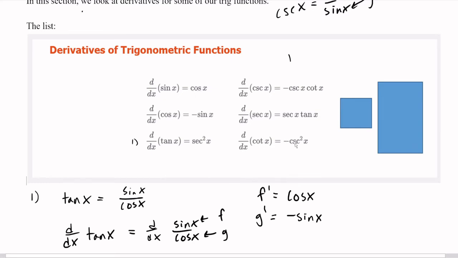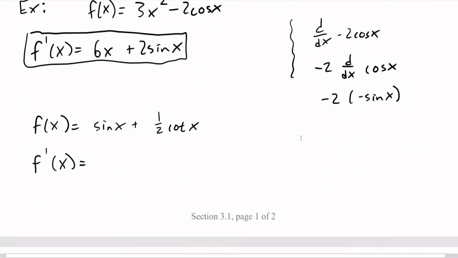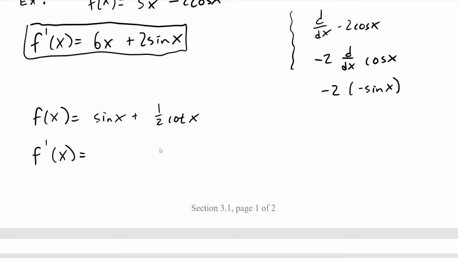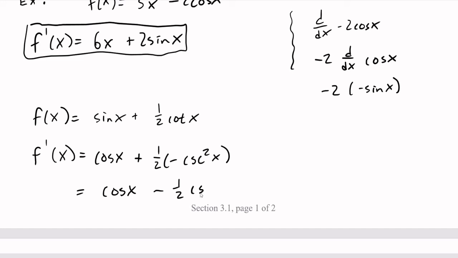Cotangent is negative cosecant squared. So let's go back down here. This is going to be a 1/2, because you can just take that out, negative cosecant squared plus derivative of sine is cosine. And then there you go. You can rewrite this if you want, bring the negative out. Boom.